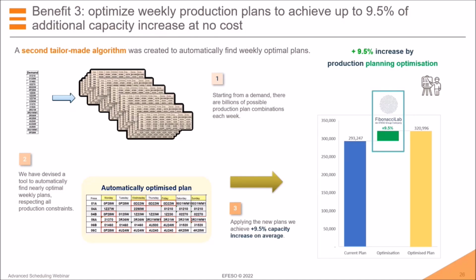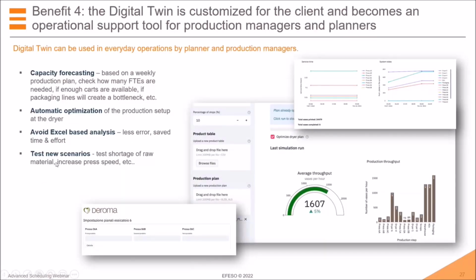Again, using the digital twin as a basis, we could create an ad hoc algorithm to select and suggest the best plan across all those billions of feasible plans, using throughput and OTIF as a target in this case. We could achieve, I would say, a 10% average capacity increase. On average means that some weeks you have more, some weeks less, but on average this is the result we get. It's also important to note that we can have not only that as a target, but potentially more targets depending on the situation.